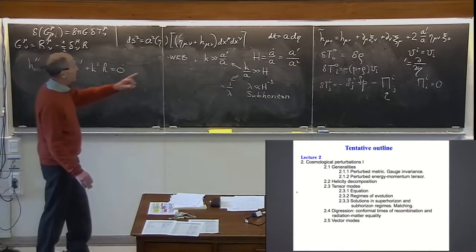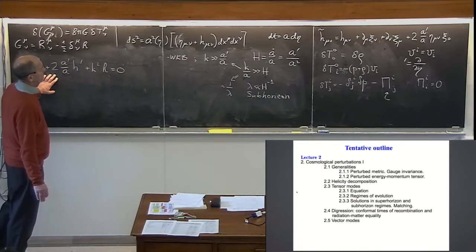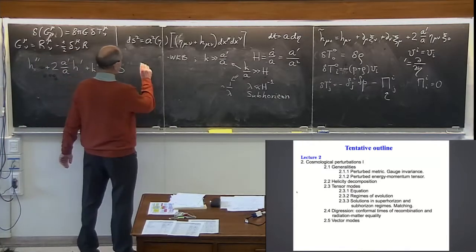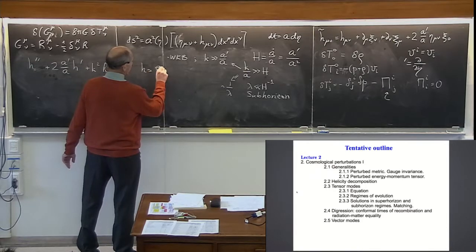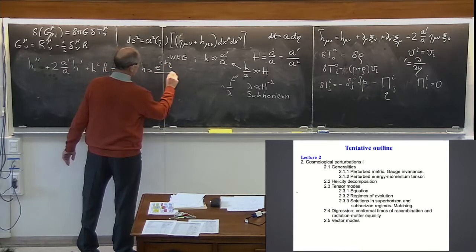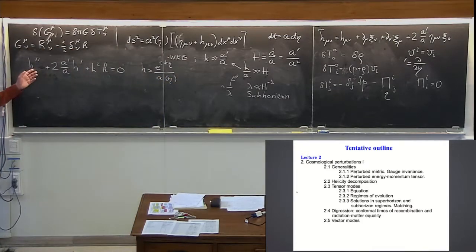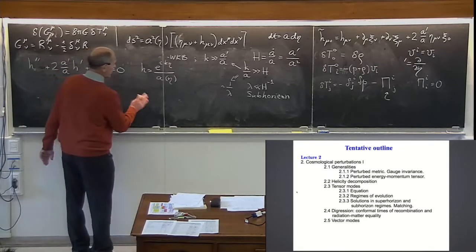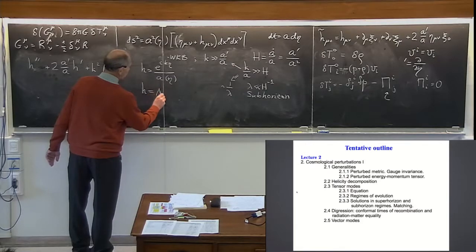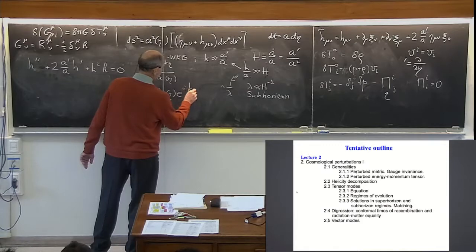Now, in this WKB regime, you immediately figure out, by solving this equation in the WKB approximation, that the amplitude h oscillates as e^{ikη} divided by a of η. That's a simple exercise. How do you do it in WKB? You say that h is a slowly varying amplitude times e^{ikη}.